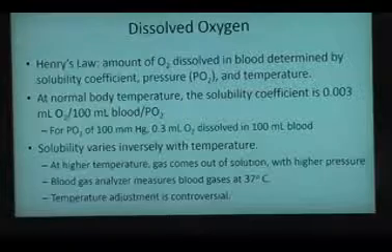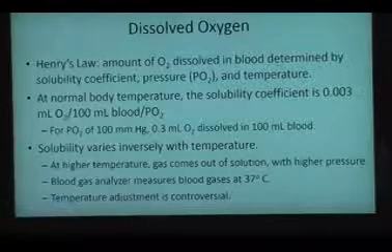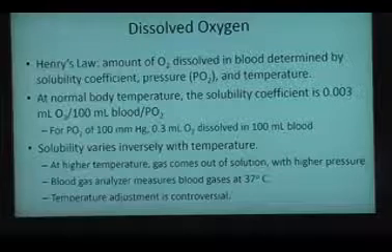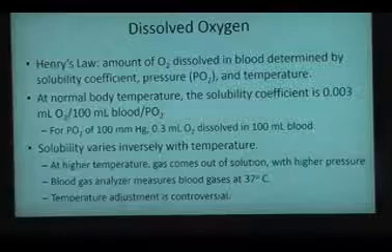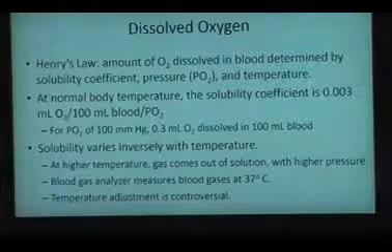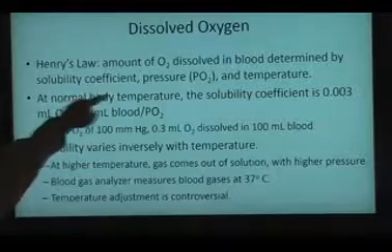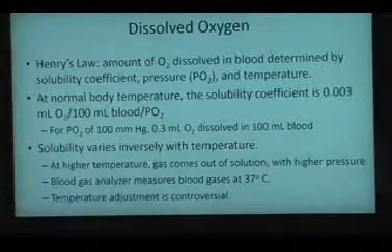The amount of oxygen that dissolves in the bloodstream is determined by Henry's law, which says that the amount of any gas dissolved, oxygen or carbon dioxide, is determined by its solubility coefficient, its pressure, PO2, and temperature.